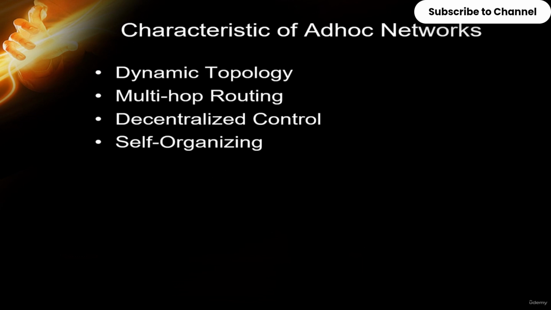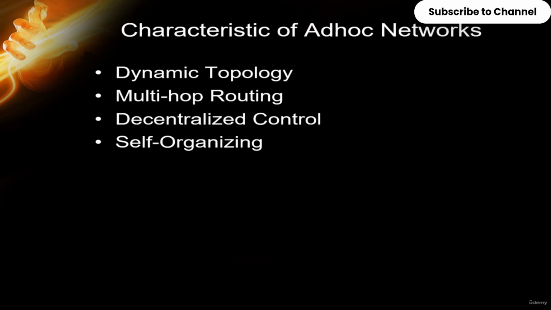The characteristics of ad hoc networks begin with dynamic topology. Dynamic topology means the nodes move randomly in the network and can change the topology unpredictably. The nodes can join or leave the network at any time. Next is multi-hop routing, or multi-hop communication.